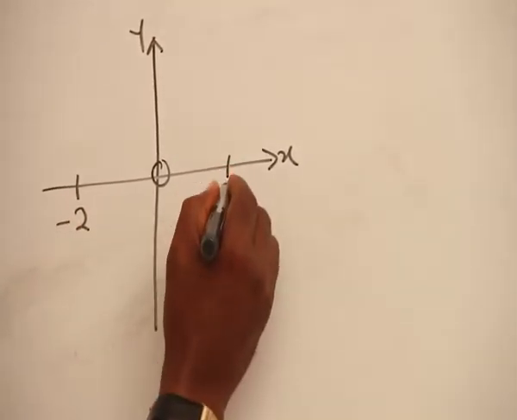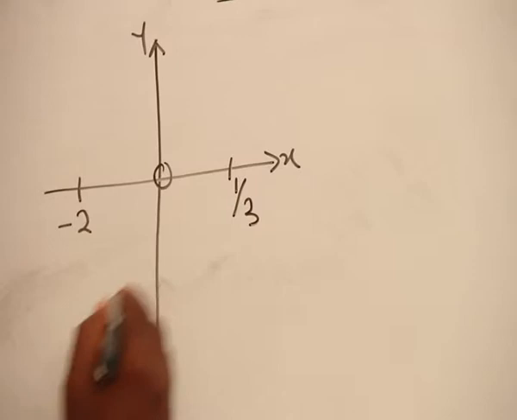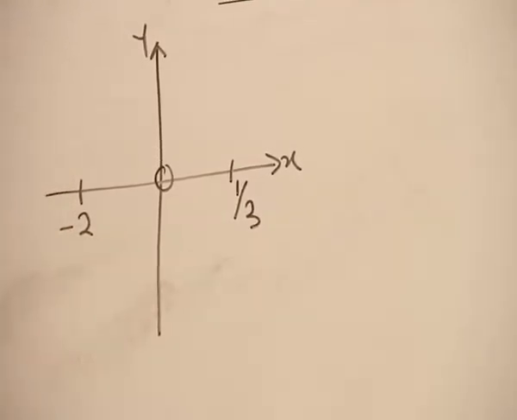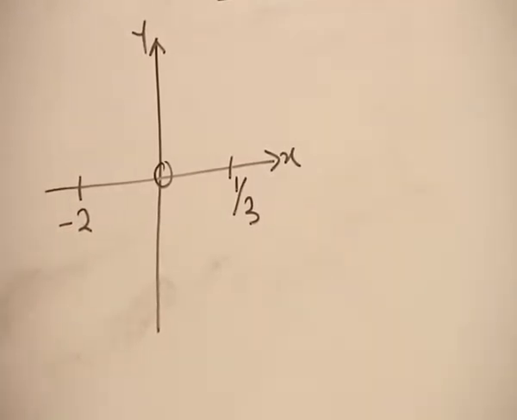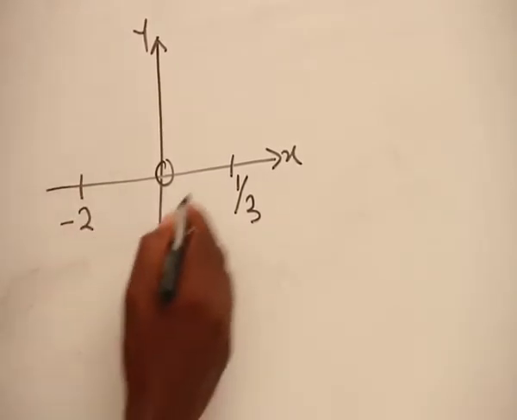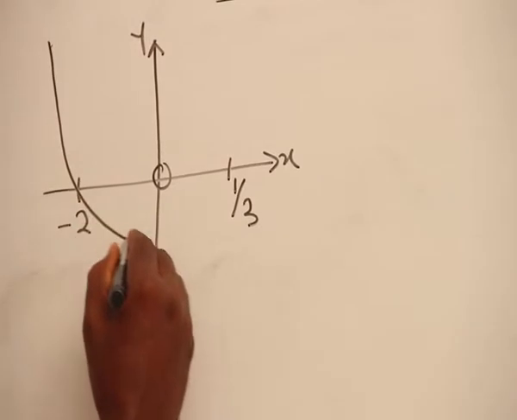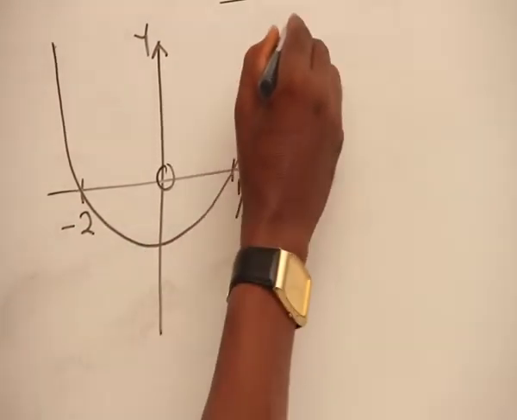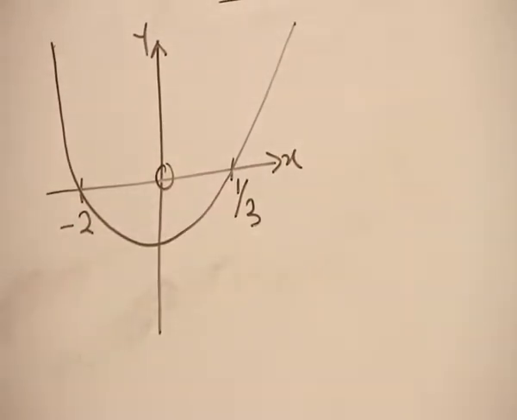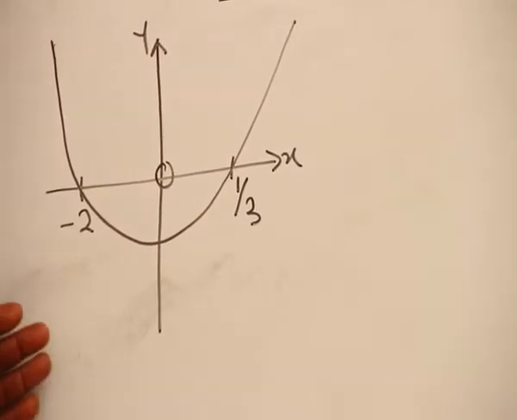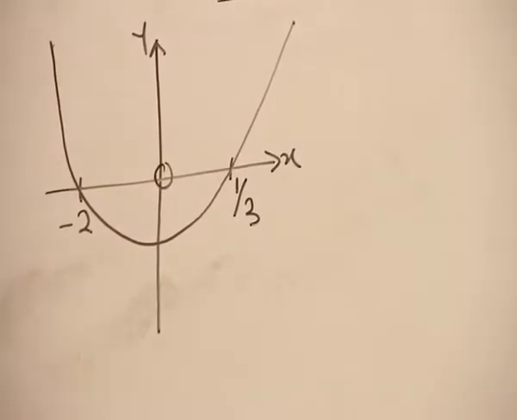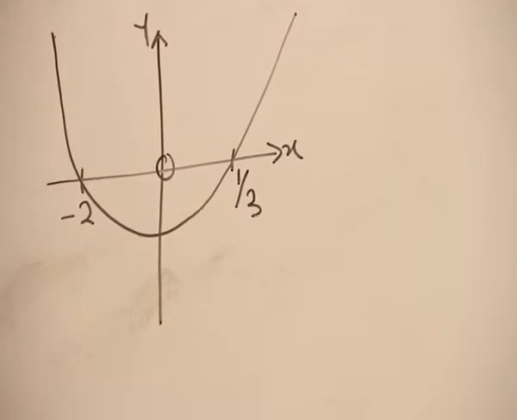And then let's take this to be our 1/3. It means the curve, which is U-shaped, will be passing through these 2 points. So we start like this, passing through these points, and then we go. This is the sketch of the graph for that particular quadratic equation.